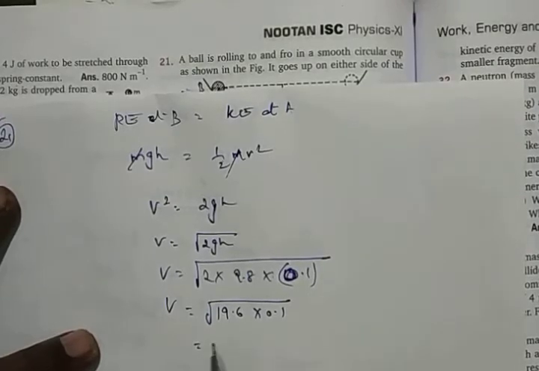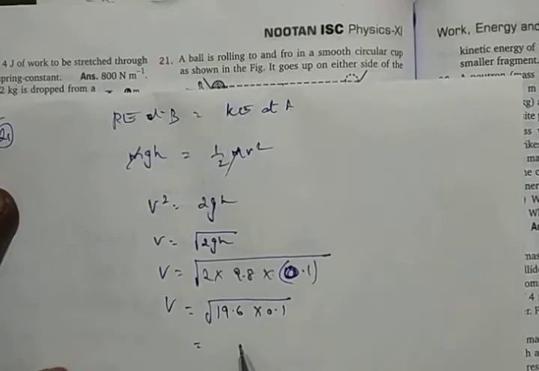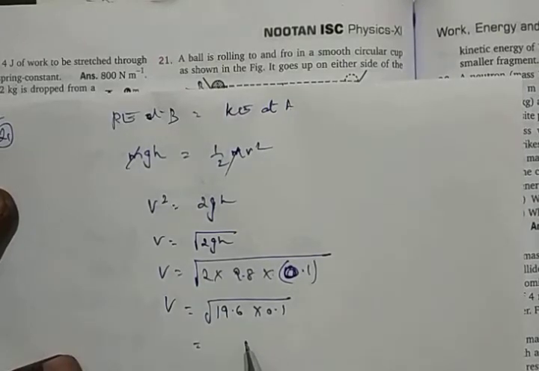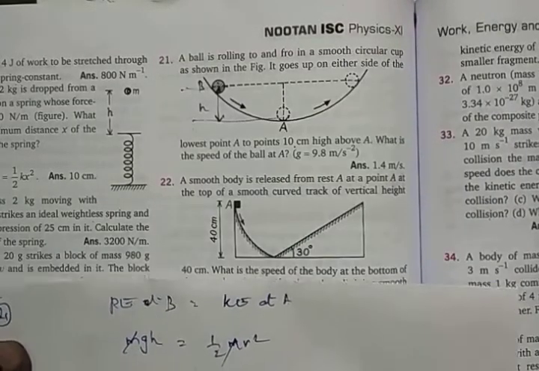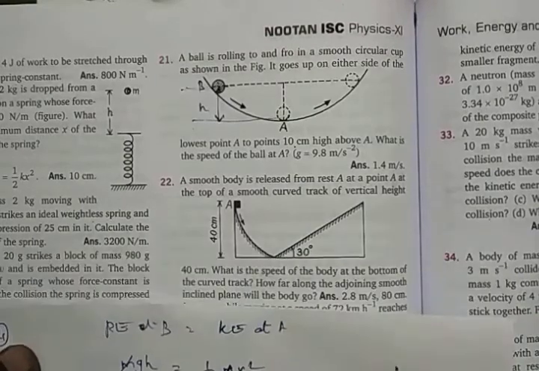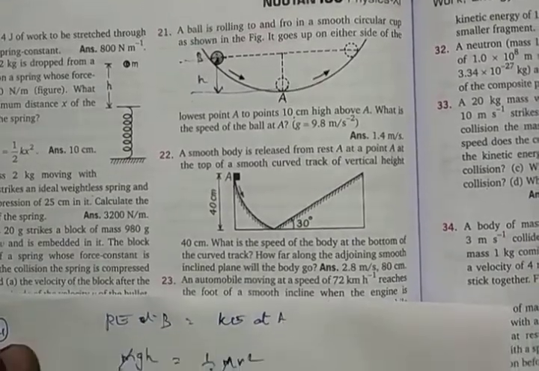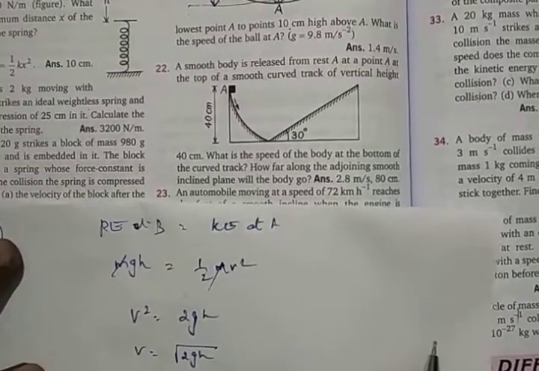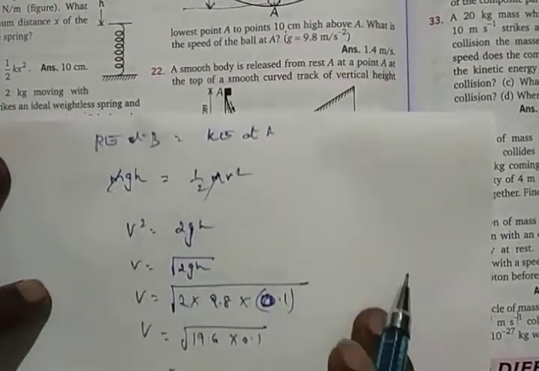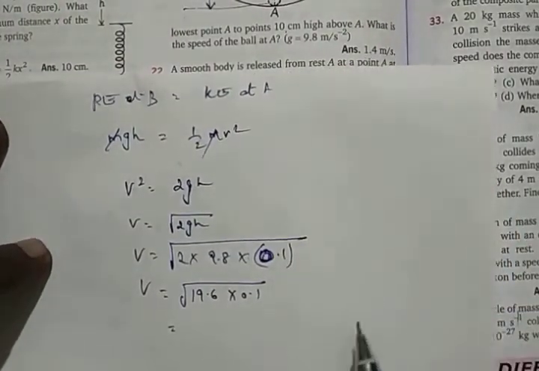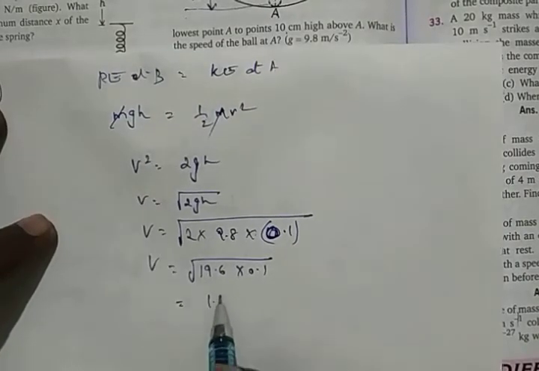Once you do this value, you will get 1.4. It is given here as 2.8, but sorry, 1.4 is correct. So it is going to be 1.4 meter per second.